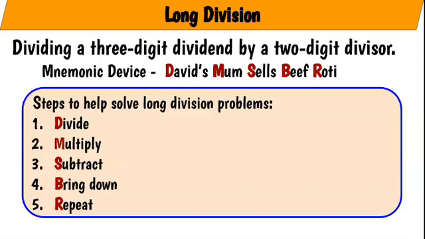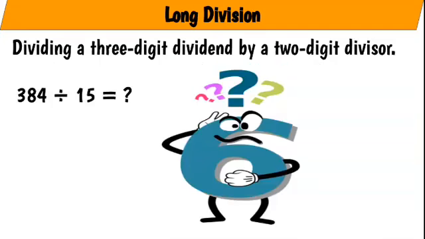So from our mnemonic device, David's mom sells beef roti, we have our steps we're going to use in solving our long division problems. Divide, multiply, subtract, bring down, repeat. So let's move straight on into our problem, which we have to divide 384, our dividend, by our divisor 15.